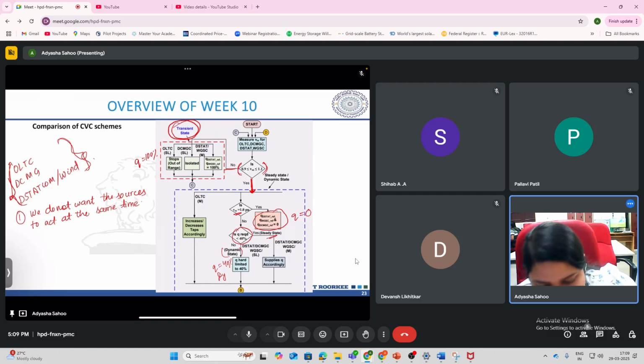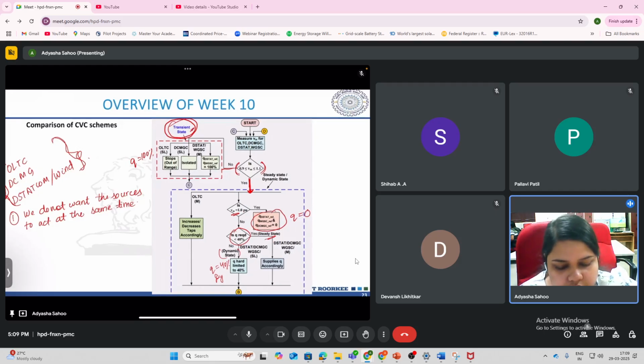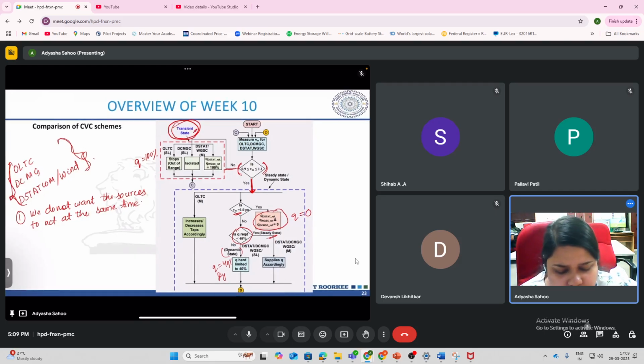In case of the transient state, it is an emergency state, right? Your voltage is already below 0.9 or it is greater than 1.1. So what you want is to instantaneously improve the voltage. Whether dynamic resources or static resources can be used to improve the voltage instantaneously?